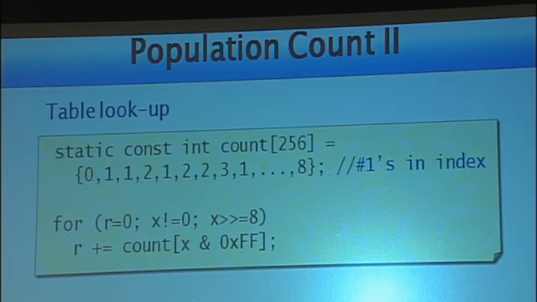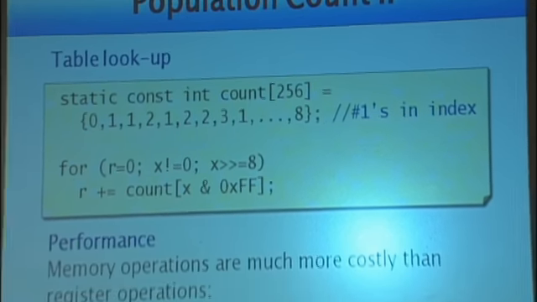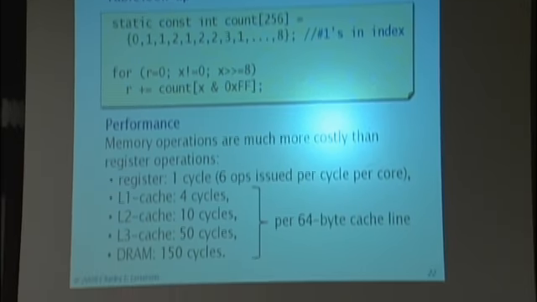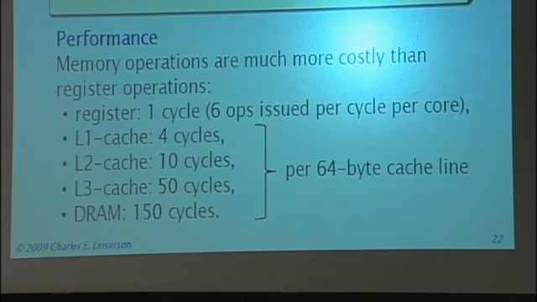And just run around this loop until you've got no more things in your word. So how many are in byte 1, how many in byte 2, how many in byte 3, and so forth.